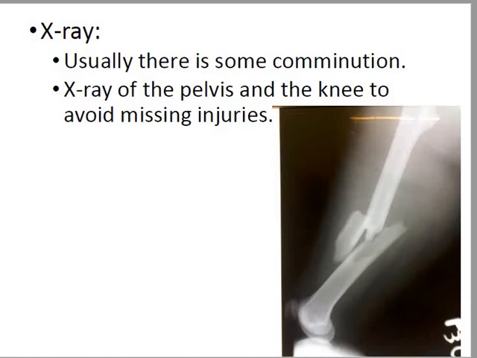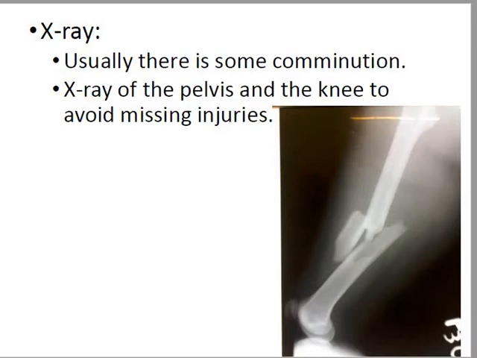Because, as we said, this is a well padded bone covered by big muscles. It is thick muscles and protected, and it demands a very big force to fracture. This big force usually leads to some comminution. X-rays of the pelvis and knee should also be taken to avoid missing injuries.